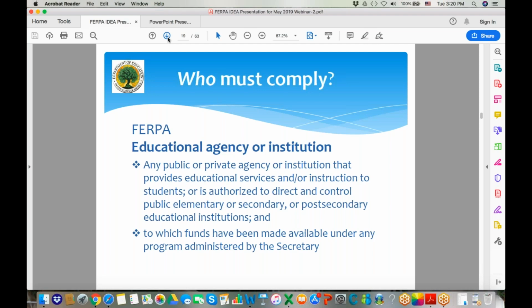So we'll get calls from parents that are having difficulties with some of their child's education records, but they go to a parochial school and there's nothing that our office can really do to assist. I know in some states from my interactions, they may have requirements that a private school follow certain guidelines similar to FERPA, but in terms of the oversight of our office and the federal statute, it's only those schools that receive U.S. Department of Education funds.